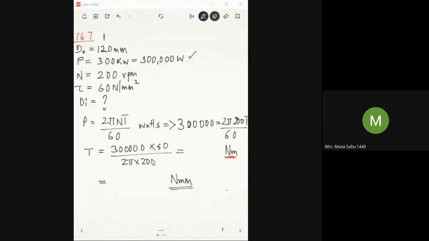What did you get? Those of you who are done, you can proceed with T is equal to, you need to calculate DI.